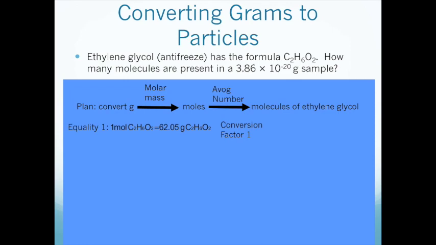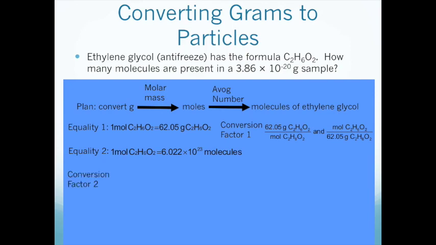So our first conversion factor is 62.05 grams of ethylene glycol per mole. And our second equality is that 1 mole equals 6.022 times 10 to the 23 molecules. And our second conversion factor is that written as a fraction.